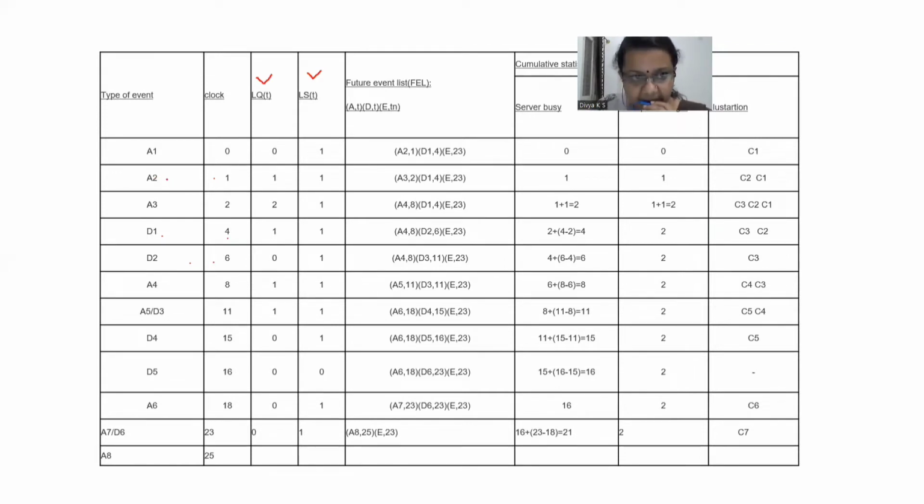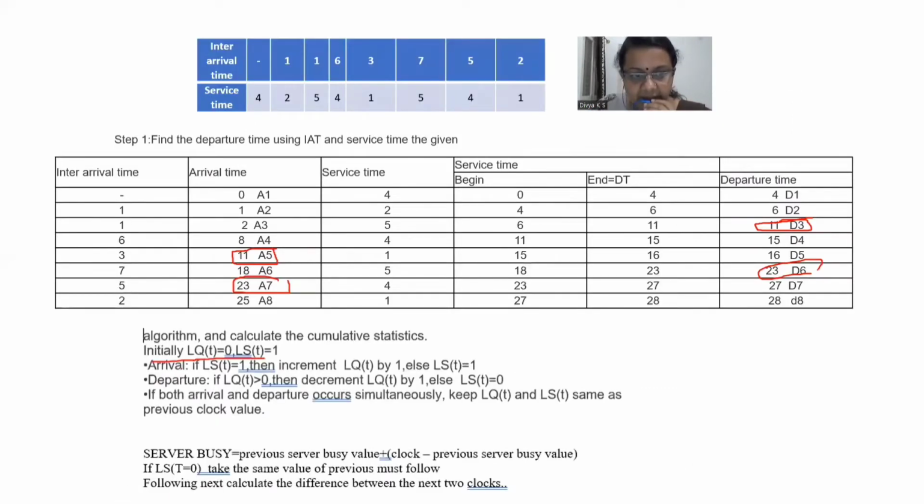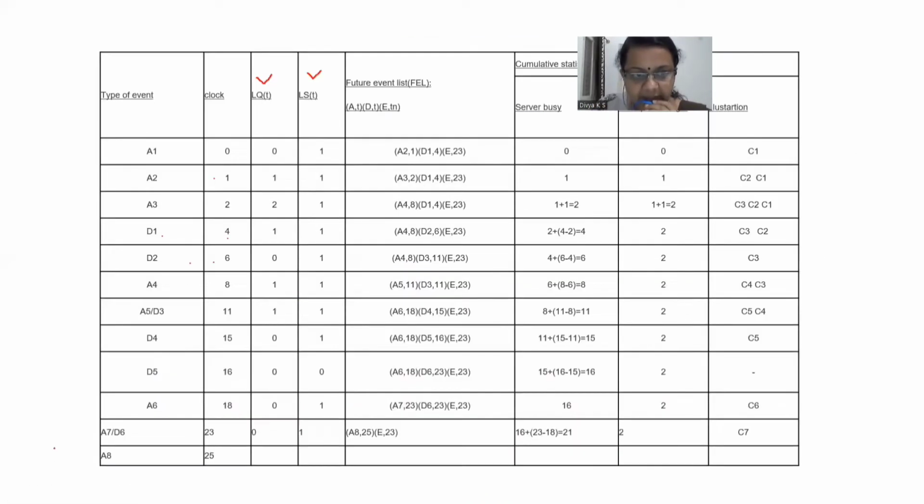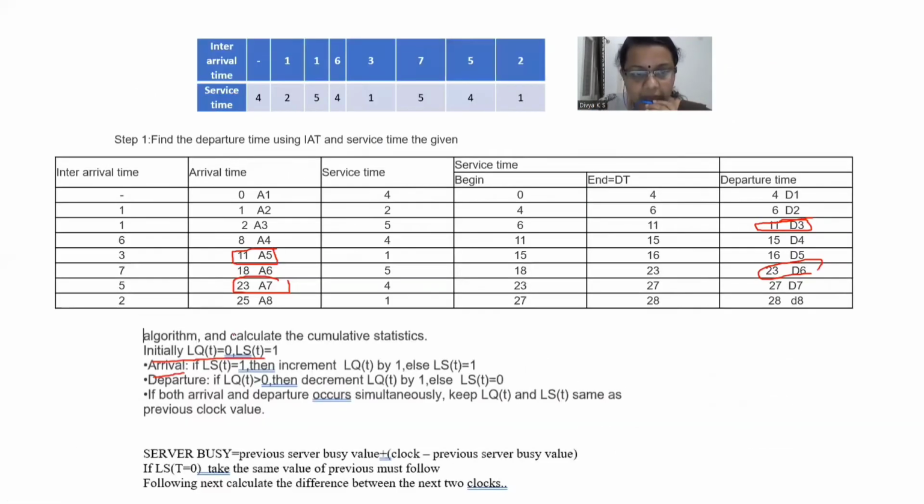You have to see whether it is arrival or departure. It is arrival, right? So here, if it is arrival and L of ST equal to 1, what do you have to do? Increment L of QT by 1.